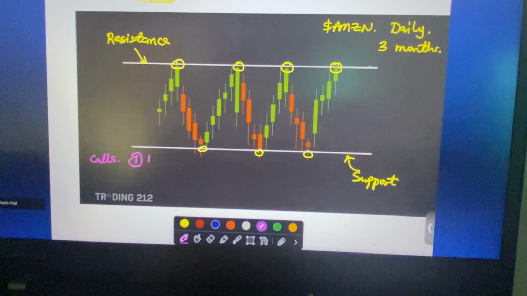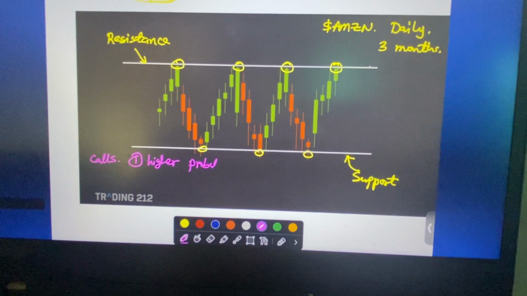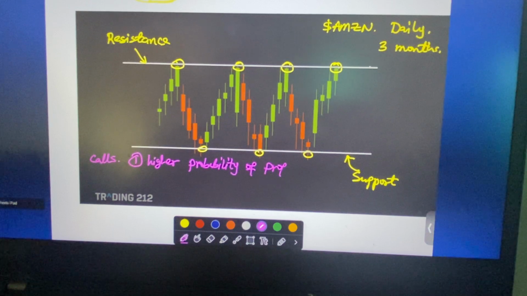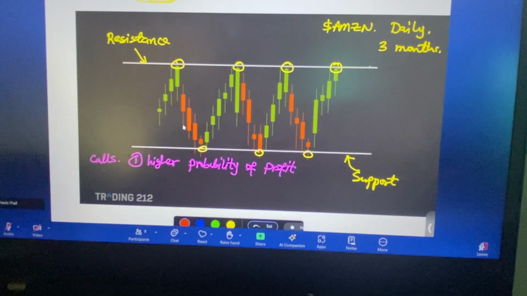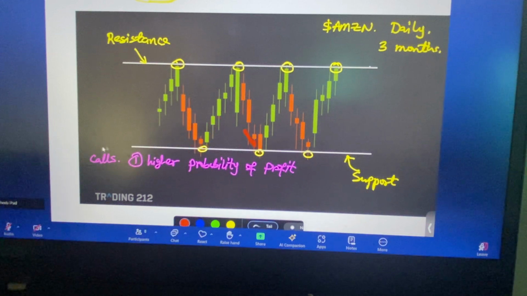One, you have a higher probability of profit because you've looked at the history of this chart and you've seen that, well, every time it got to support, it bounced off that level and went higher. It happened here again, and it happened here again. So you want to look at those trends.